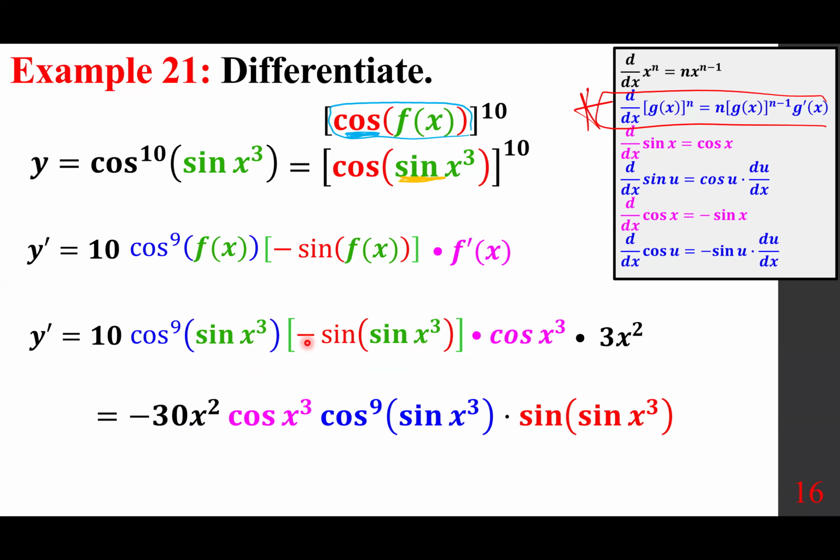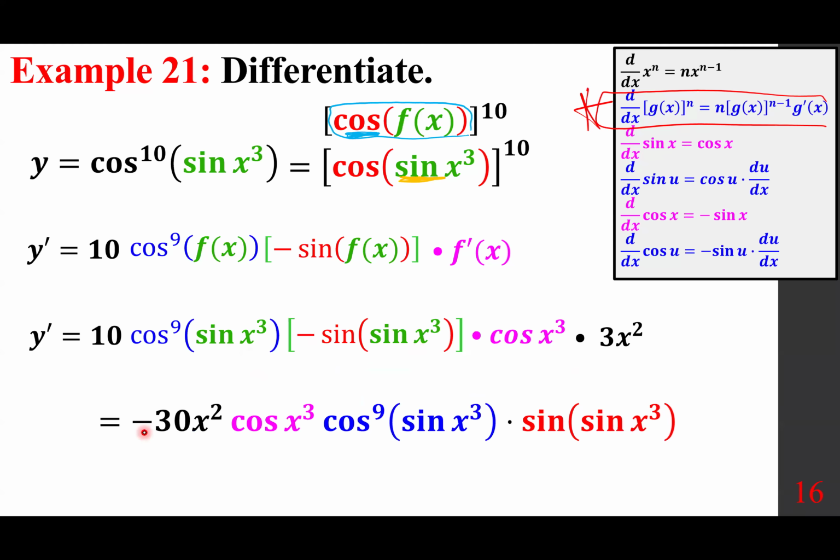Please bear in mind this negative sign has been accounted for here. So minus 30x squared cosine x cubed cosine to the power of 9 of sine x cubed sine of sine x cubed is the final answer. This is as interesting or as complicated as it gets.